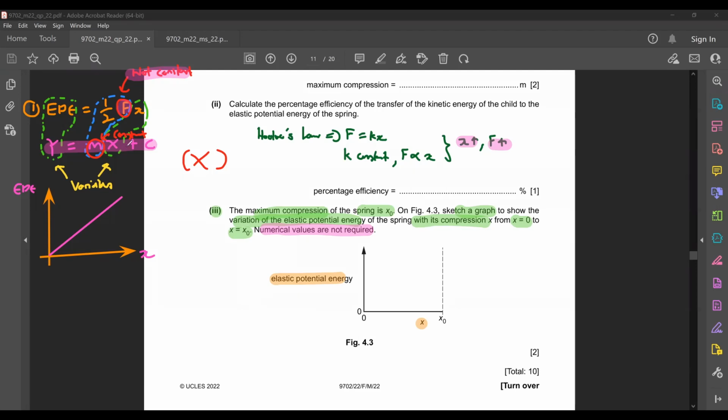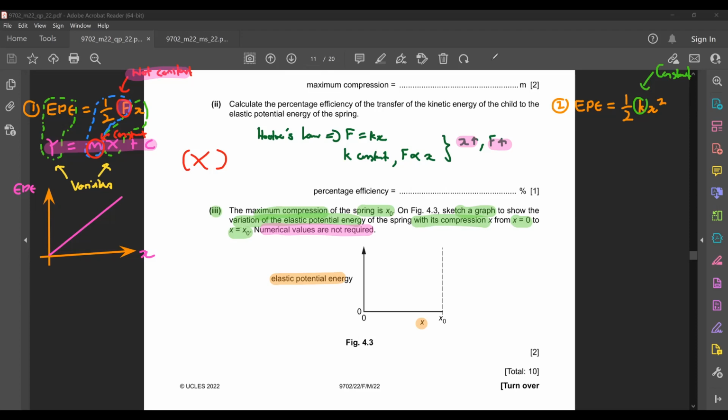But you can use it for another equation, which is EPE equals half kx squared. Now, in our case, we already know that the spring constant is a constant in itself. It will not change.